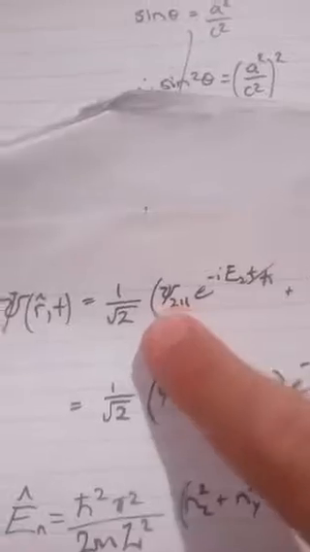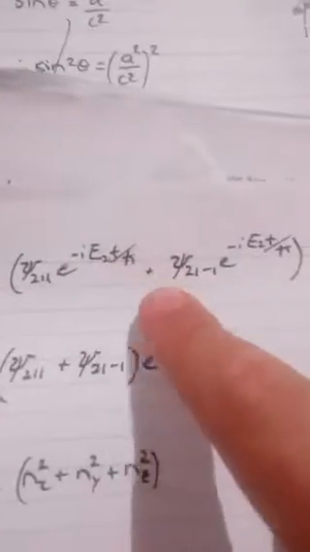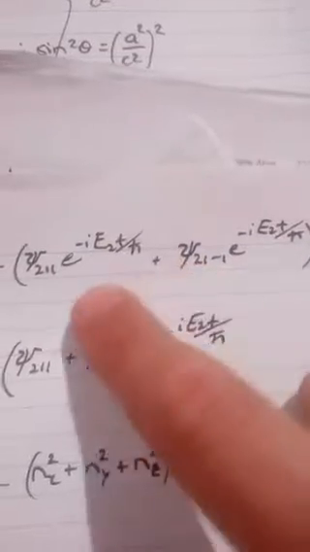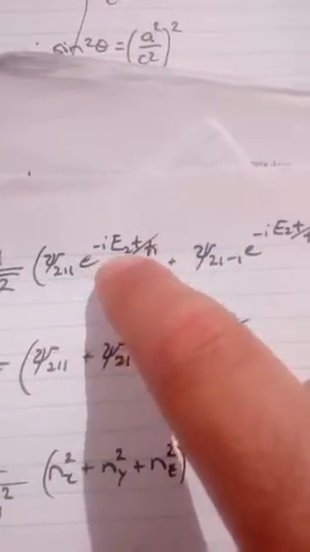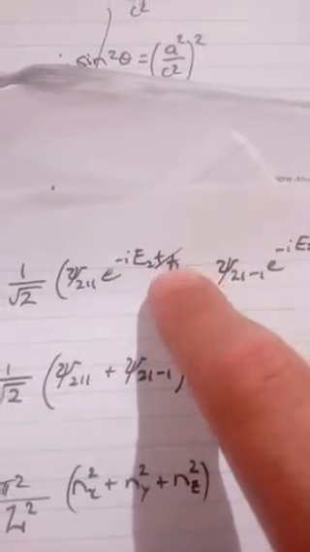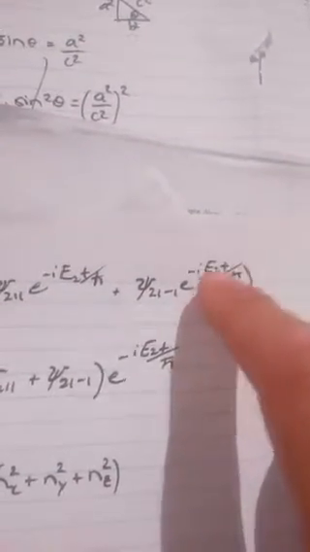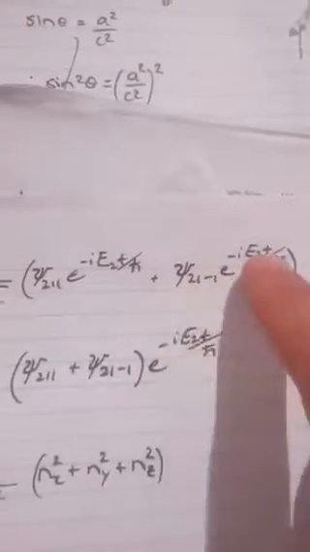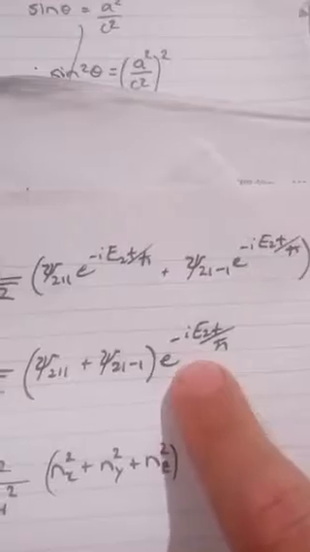The first number is n, which is the primary quantum number, and that tells you the energy level that we're in. And they're both in 2. So therefore it's that by e to the minus i, energy level 2, by time over h bar. And this one is the same. It's that wave multiplied by that over time as well. And they're both 2, which means that the time component is using the same energy level, which means we can factor that out and put it here.